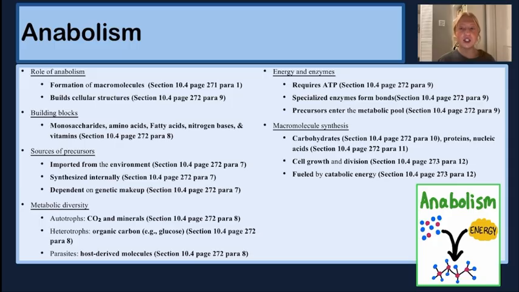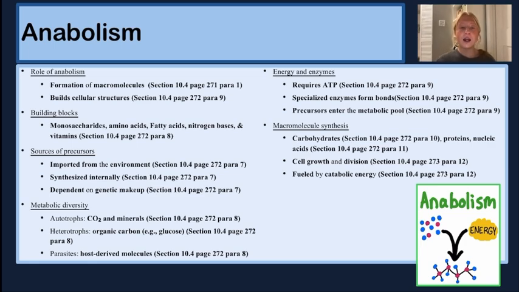These precursor molecules come from one of two possible sources. They may enter the cell from the external environment, or they may be synthesized internally through specific cellular pathways. An organism's ability to synthesize these building blocks depends on its genetic makeup, and this varies among different organisms.